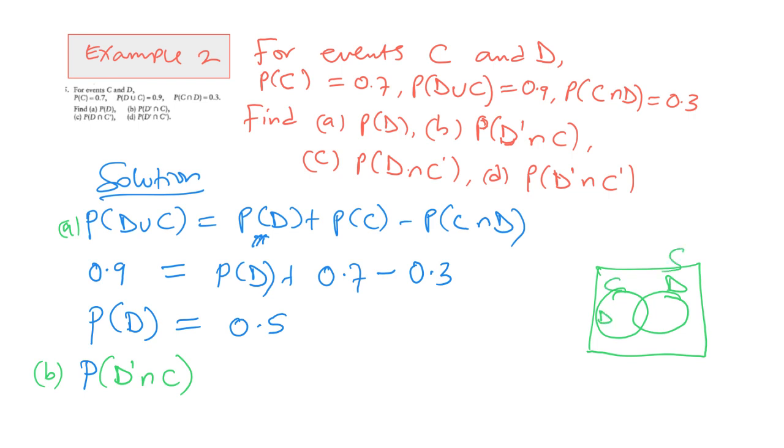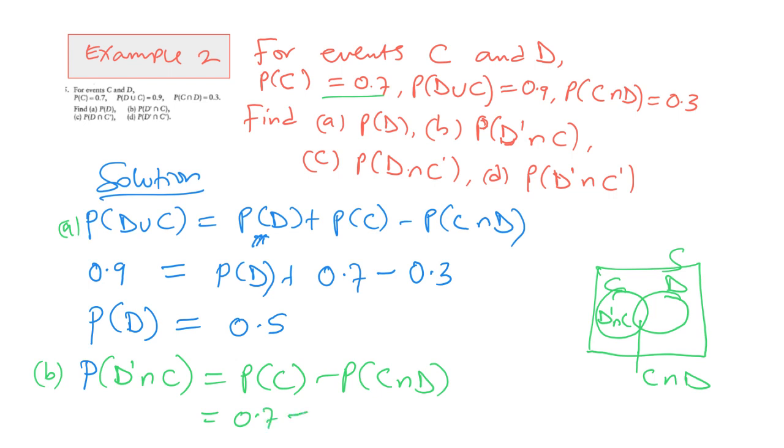So this is D complement intersection C, and here we have C intersection D. We can get this from probability of C minus the probability of C intersection D. The probability of C is 0.7, it's given here, 0.7 minus 0.3, leaving us with 0.4 as the right answer. So C not D is 0.4, or C only is 0.4.